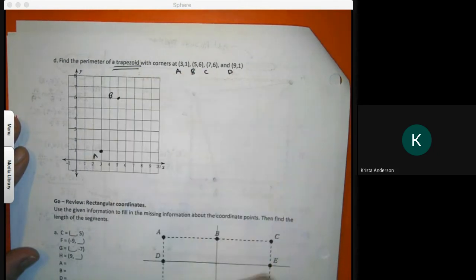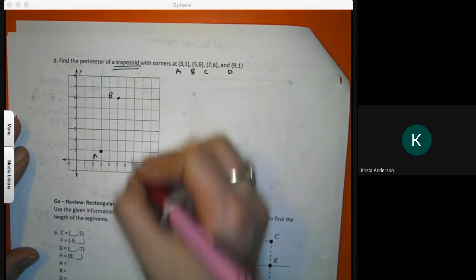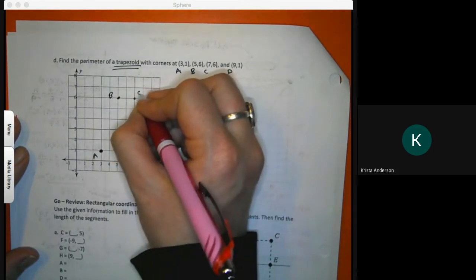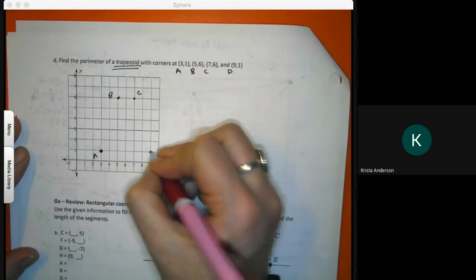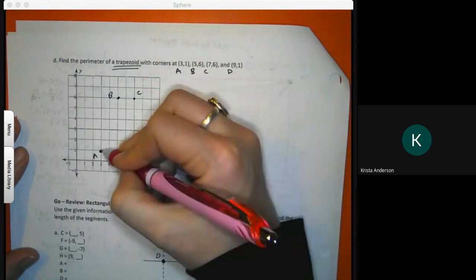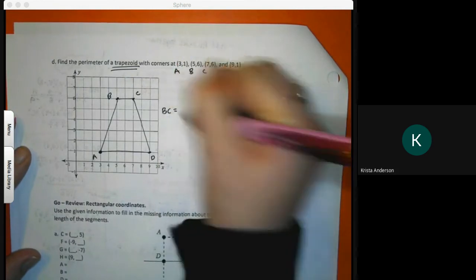B is at 5, 6. 7 is also at 6. And 9 is at 1. I know B to C. That one's easy.